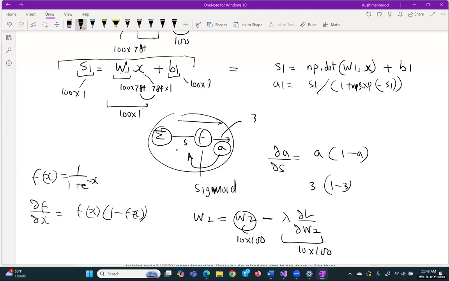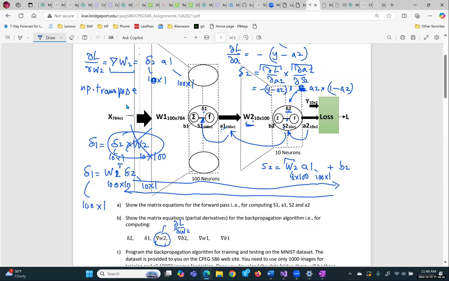So as we put on the picture, there are two components involved, delta 2 and A1, to compute partial L over partial W2. So the only way it could work is, take a look, how could I get 10 by 100 as I multiply these two? What should I do?